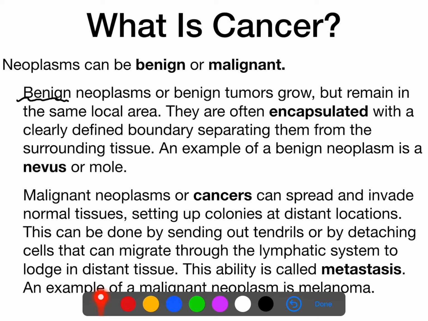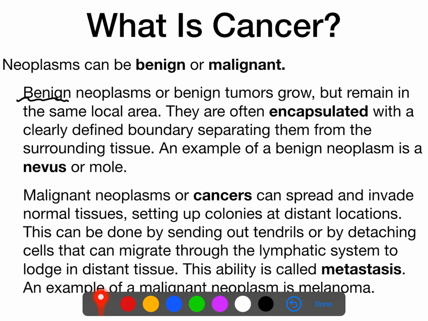Moles are fairly benign, at least as long as they stay moles. I should point out that just because a tumor is described as being benign doesn't mean it's harmless. It just means it's not malignant cancer. Benign tumors can sometimes produce hormones, which can result in a number of hormonal disorders.